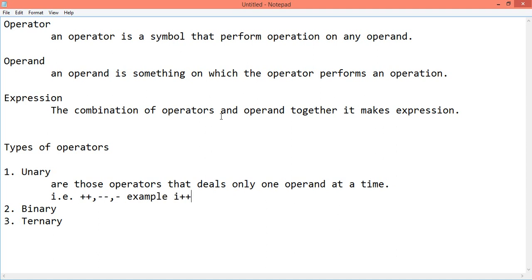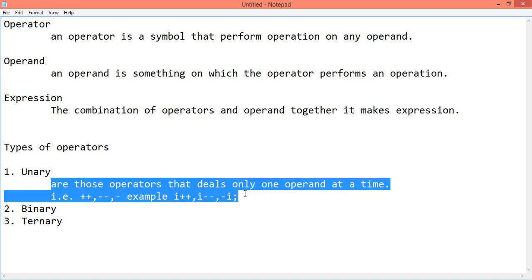Plus plus means to add 1 to this variable i. Similarly, i minus minus means to subtract 1 from the value of i. And then we can write minus i, because we can write negative values. Negative is written before the name or the number on which we are applying negation. So these are my unary operators, the operators that deal with only one operand.